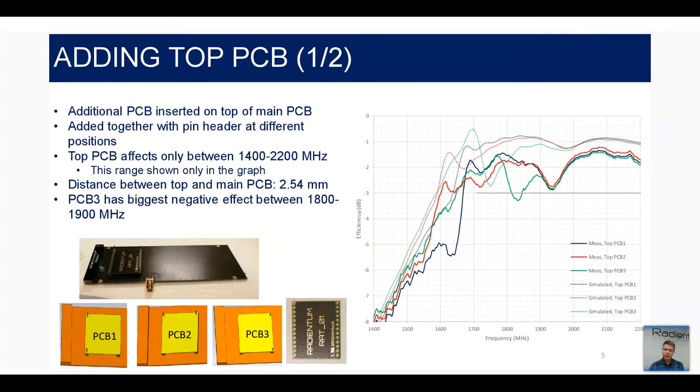But in PCB3, the green curve, we can see a notch around 1800 megahertz, which hits in the middle of the bands. The PCB1 case is not a problem because it doesn't hit any important frequencies, but PCB3 is making the efficiency worse there.